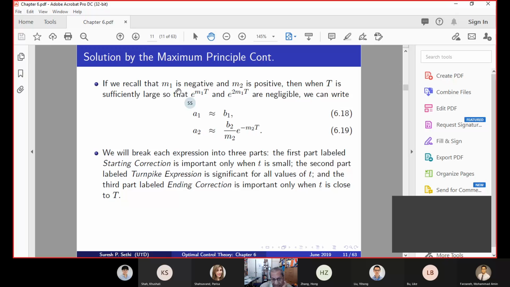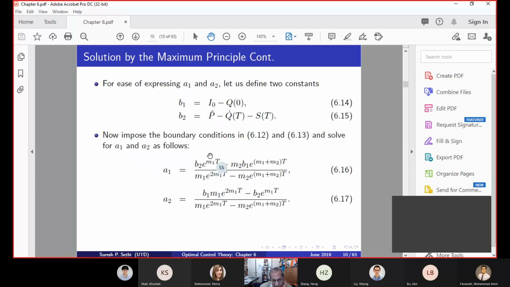If M1 is negative, M2 is positive, and if T is sufficiently large, then this quantity can be ignored. This is going to be very, very small. So if I ignore this quantity, here's what happens. Suppose I make this 0. So this becomes 0, this becomes 0, and I am left with this. Minus minus cancels out, M2 cancels out, this exponential factor cancels out. I have A1 approximately equal to B1.